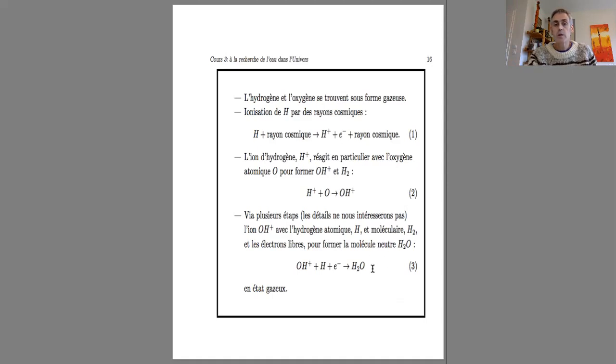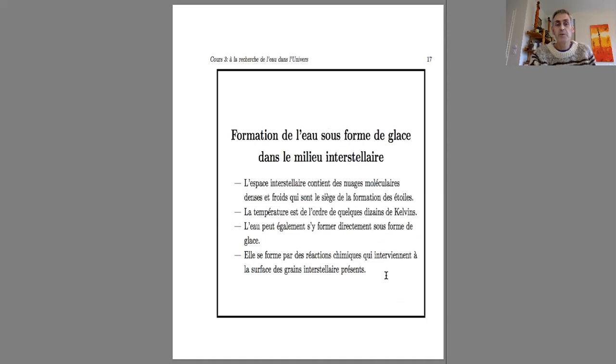So we're producing water vapor. Even though it's so cold, it'll be water vapor because remember the pressure is essentially a very good vacuum. It's just 1 particle per centimeter cubed.